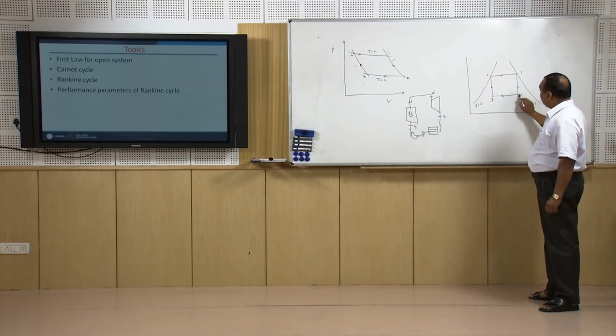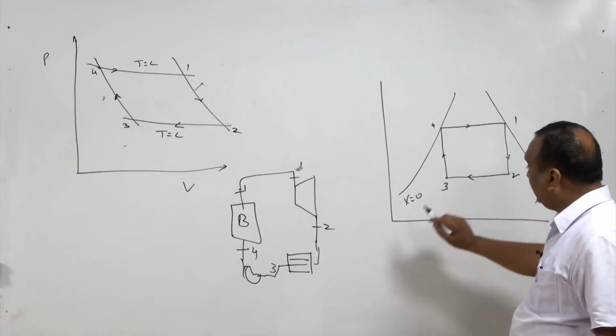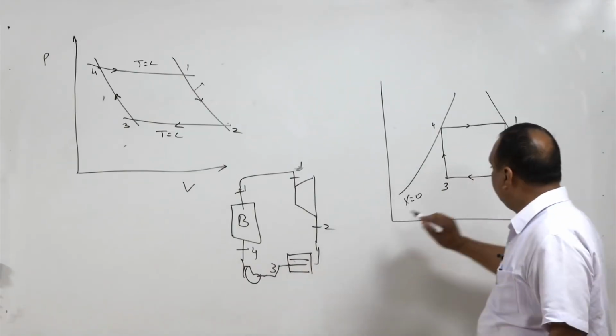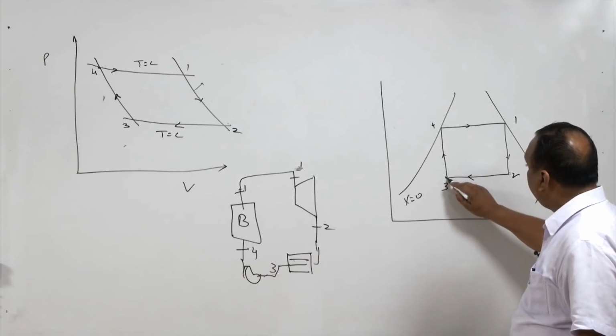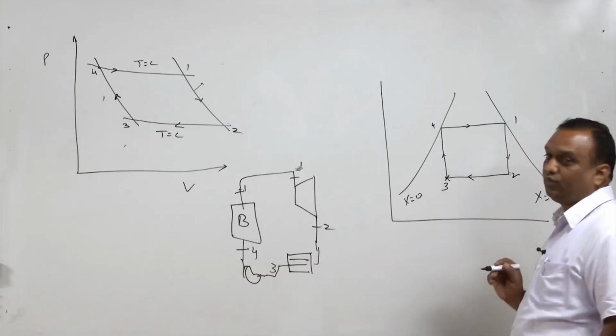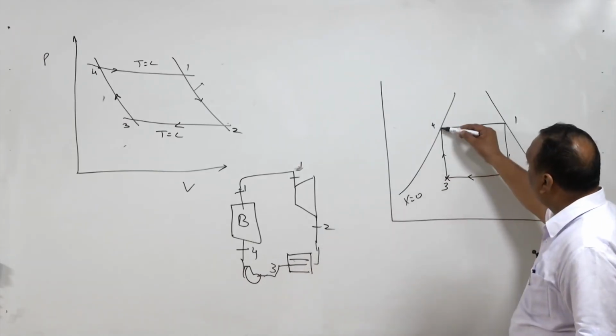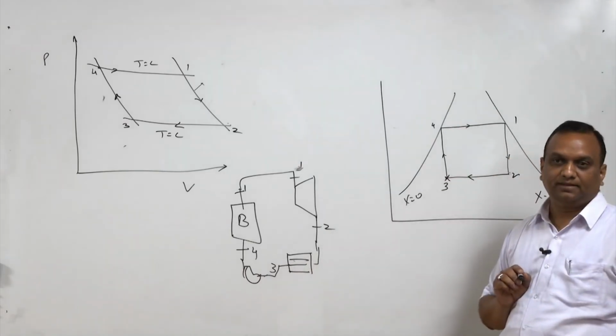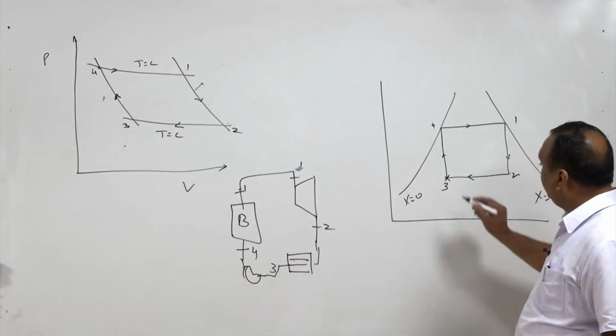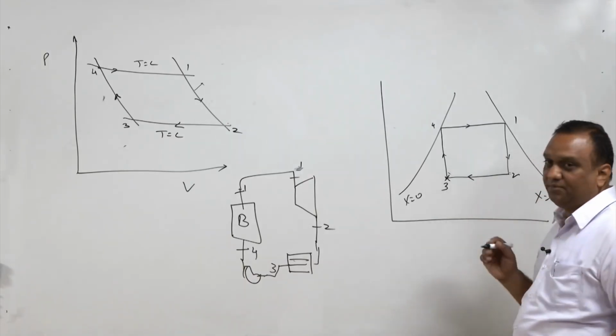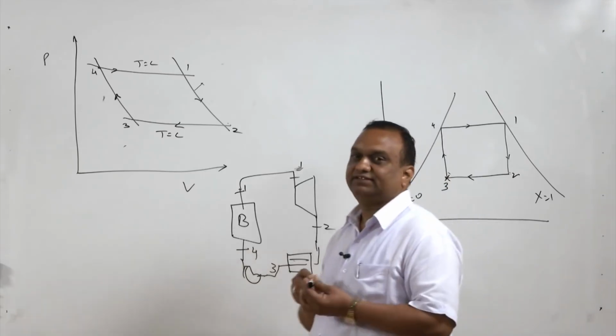So now the question is, when process 2 to 3 is complete here in the condenser, then the vapor has to be removed exactly at this quality from the condenser. Otherwise, we will not be able to realize state 4. Second thing is, we have compressors which can compress gases.